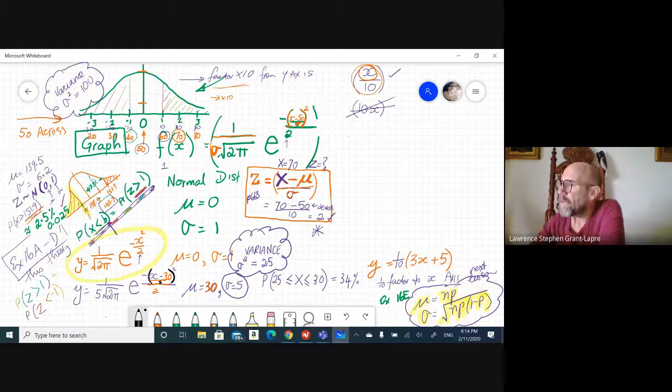The other example was, if this is the function, 1 over, say, 3 root 2 pi, and e to the power of negative x minus, say, 18 over 3 squared over 2.